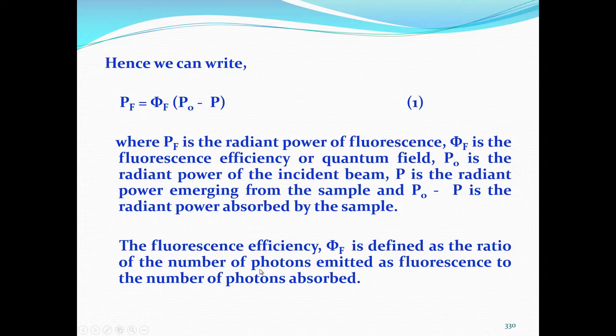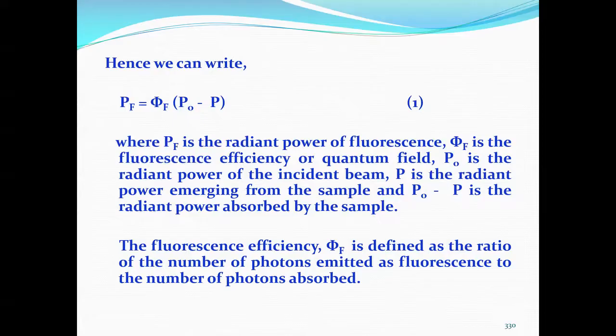Earlier we defined fluorescence efficiency as the ratio of the number of molecules resulting in fluorescence to the total number of excited molecules, that is by removing the intersystem crossings, etc., the other deactivation methods.